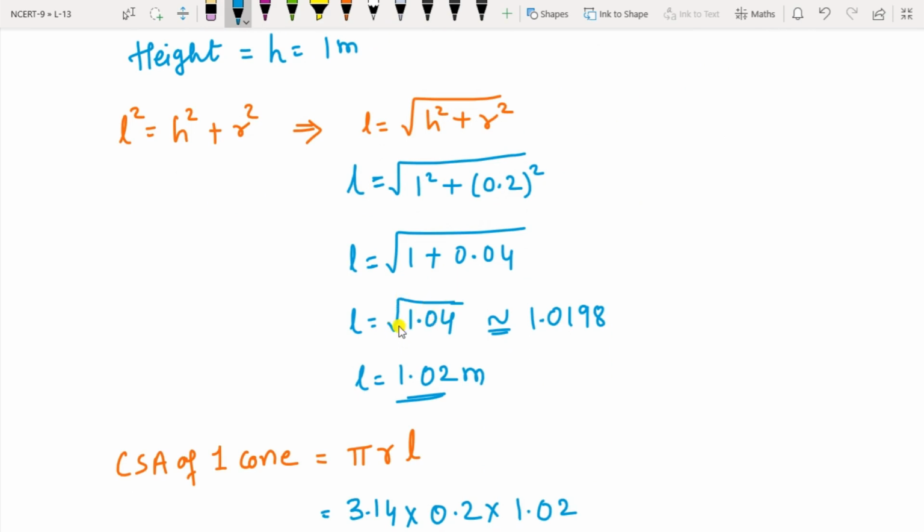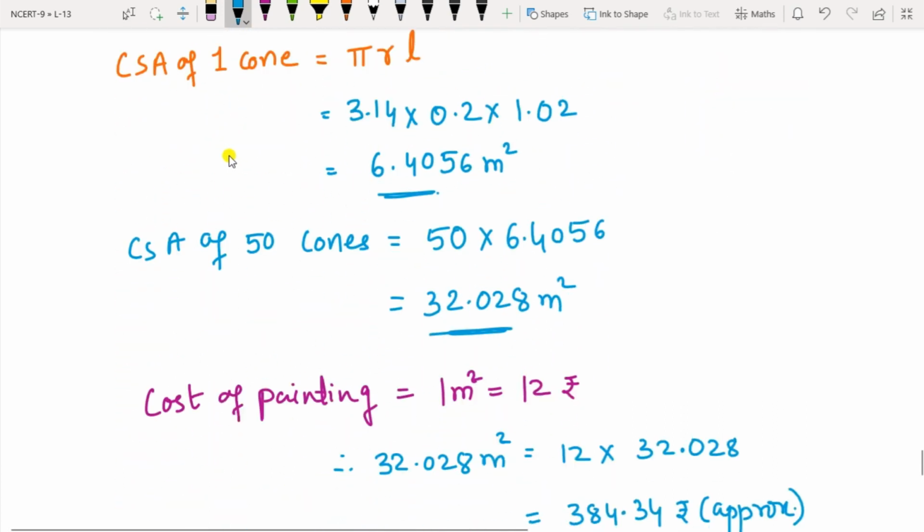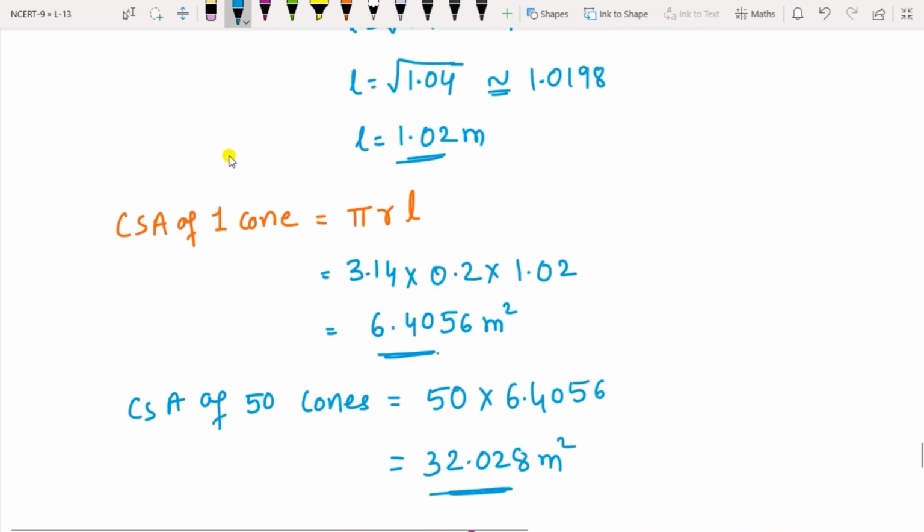So square root of 1.04 is nearly equal to 1.0198, which as a whole number we can write as 1.02 meter. Though in the question it has been given to take the value of under root of 1.04 as 1.02, if it is not given, you have to find it. So L equal to 1.02 meter.